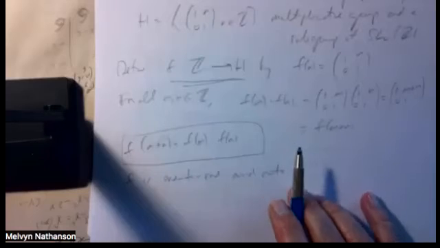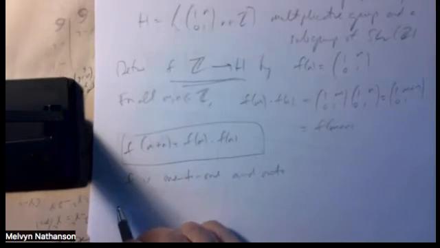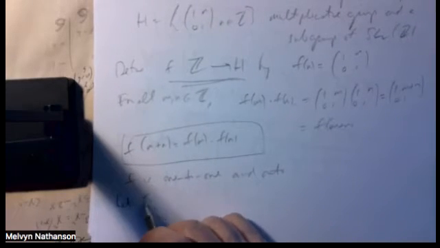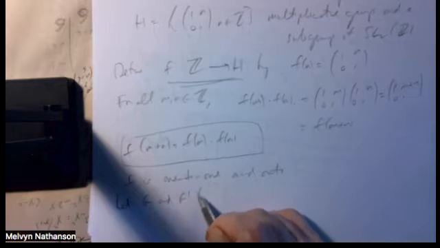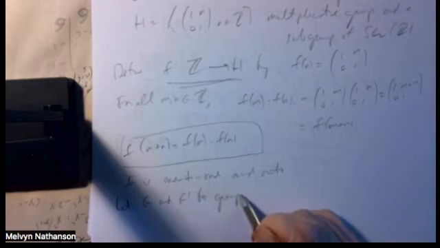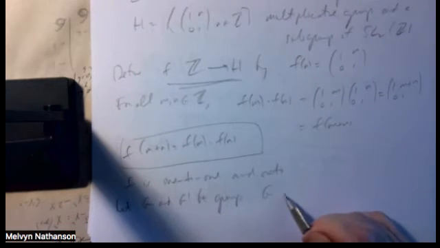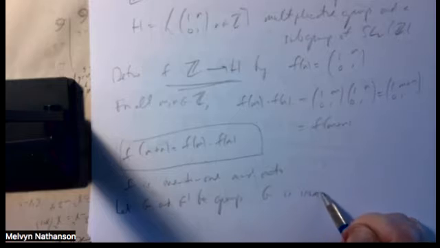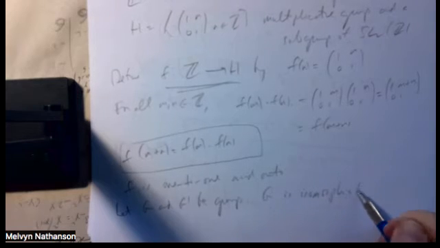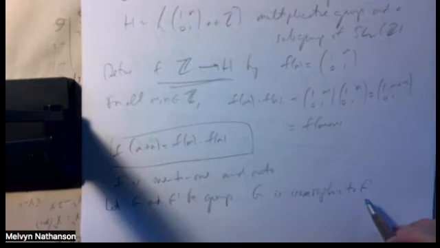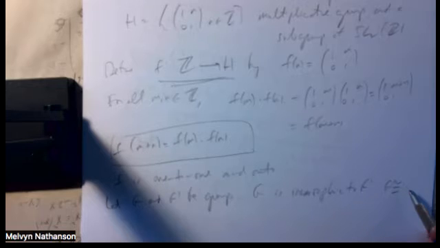And this is an example of what is called an isomorphism. So let G and G prime be groups, we say G is isomorphic to G prime. And the notation is this sort of congruence symbol from geometry.